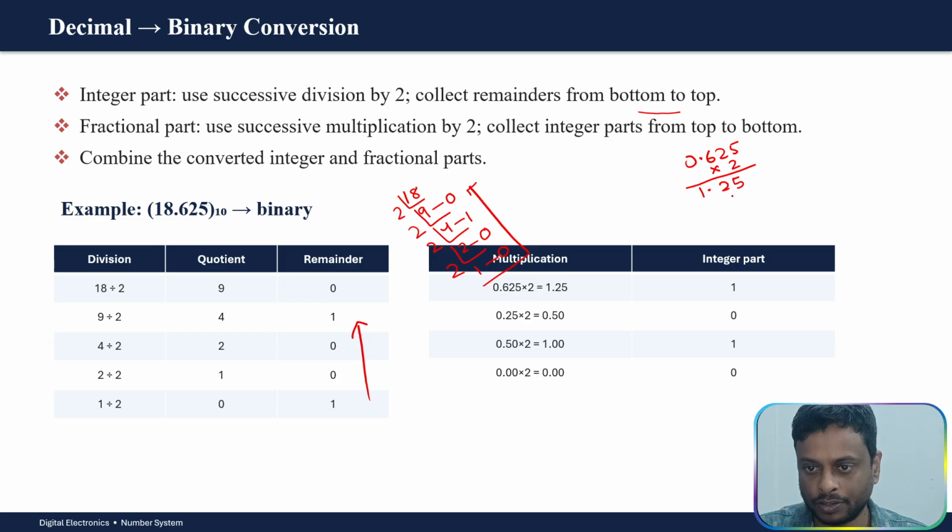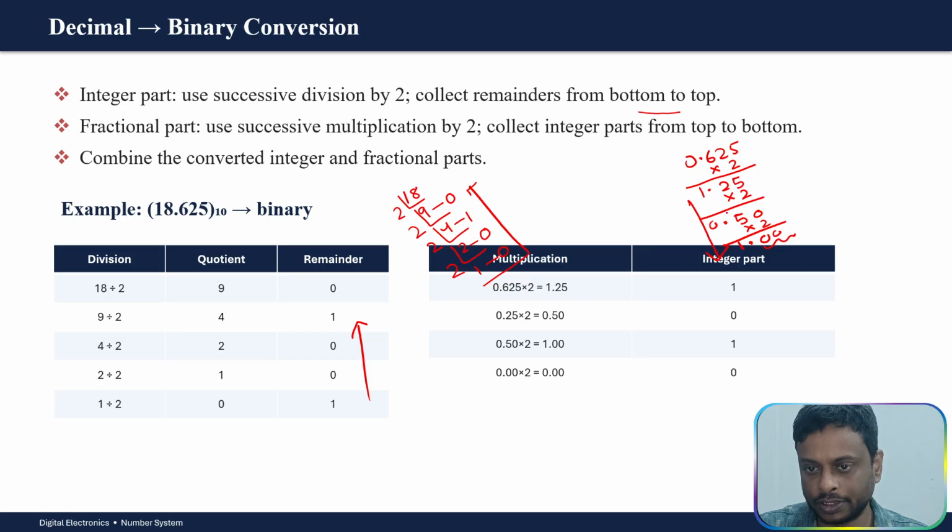Then 0.250 into 2 will be 0.5. Then 0.500 into 2 will be 1.00. It has 00, so you don't need to multiply further. So here you can collect from top to bottom.